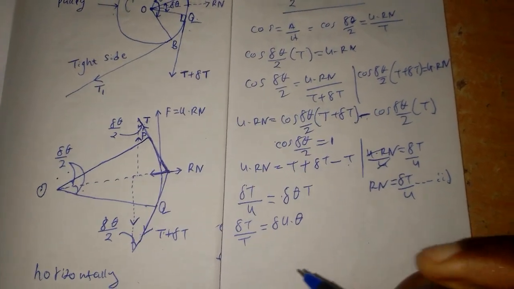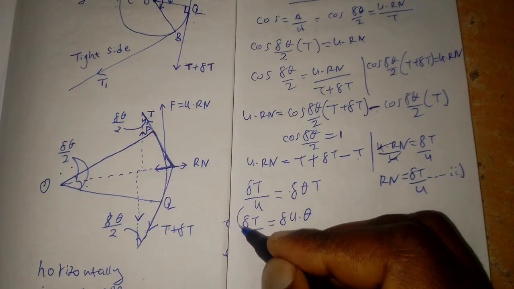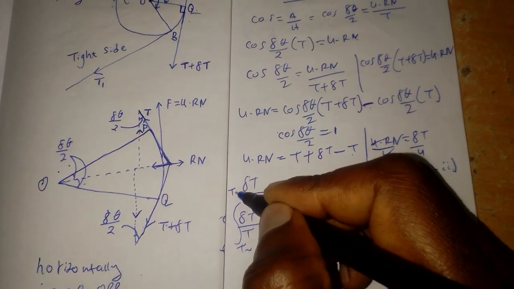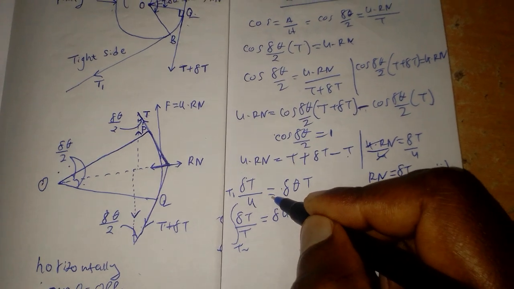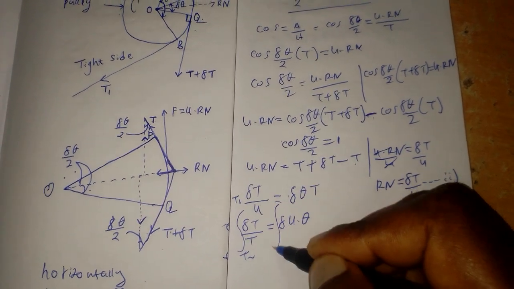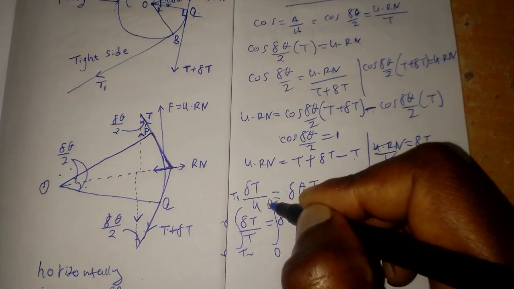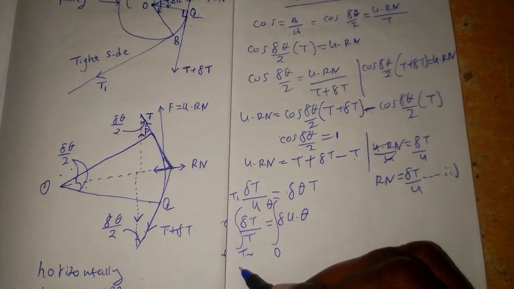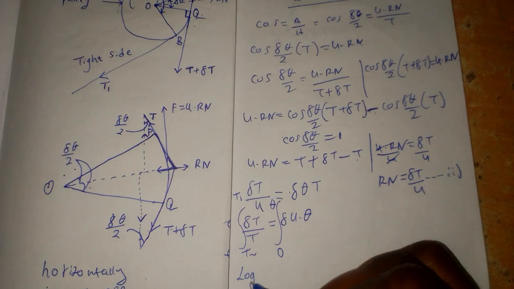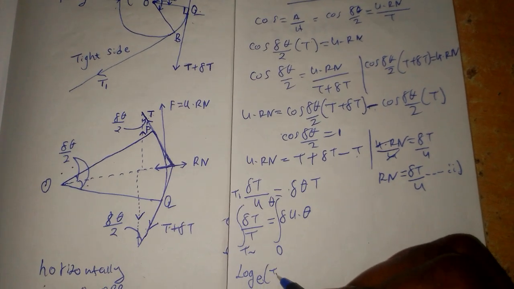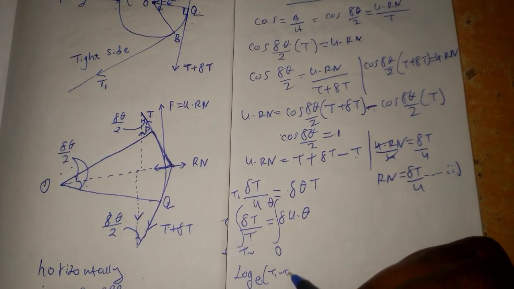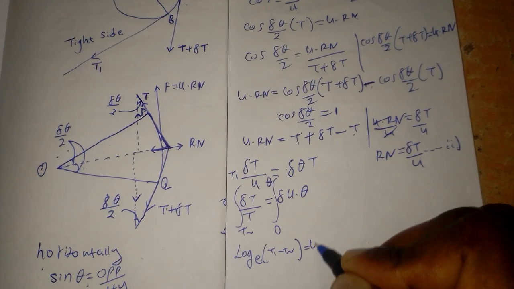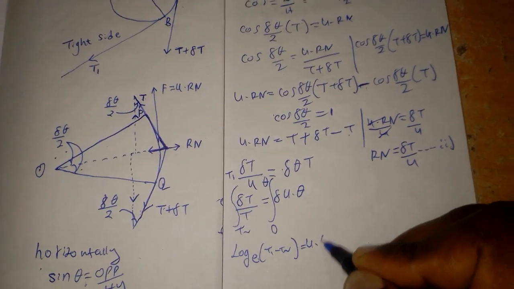Now let's integrate this part. We want to integrate this from t2 to t1, and then we are going to integrate this from 0 to theta. Now we are going to introduce log e of t1 minus t2 equals mu theta.